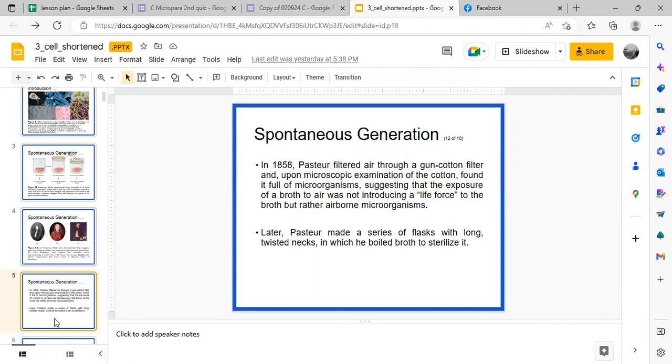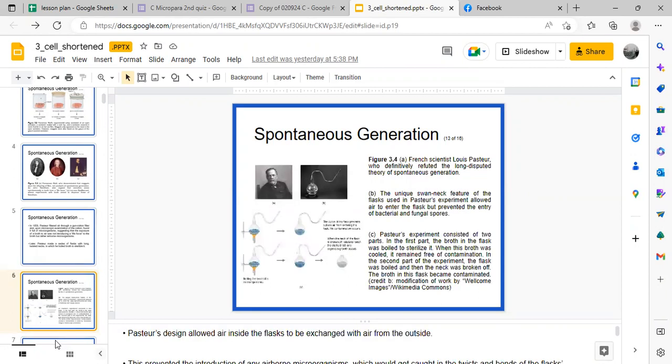So he made a series of flasks na S-shape. And then he boiled the broth to sterilize it para matanggal yung mga microorganisms. Okay? So, ito yung experiment.